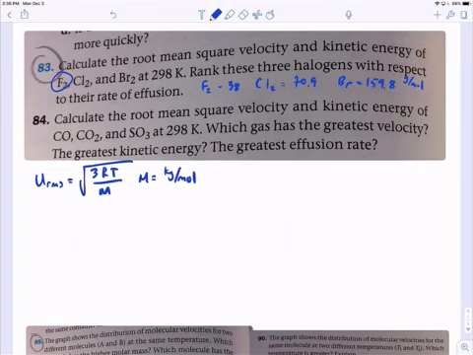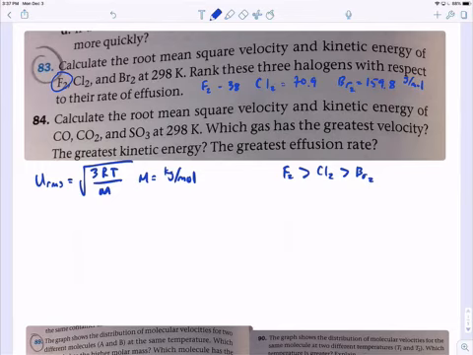In terms of speed, the lighter ones move faster, so they effuse faster. So F2 is going to have a greater effusion rate than Cl2, which is going to be greater than Br2. Are you okay with the effusion rates? Just the lighter one is faster?